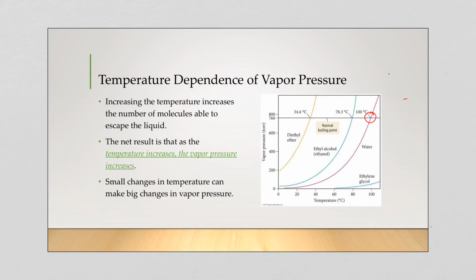And notice, this is a special point. The vapor pressure at 1 atmosphere. So whatever temperature the vapor pressure of your liquid equals 1 atmosphere, 760 millimeters of mercury or torr, that is what we call the boiling point. That is when a liquid will, quote, boil. And on the next slide, we'll talk about what we mean by boiling.